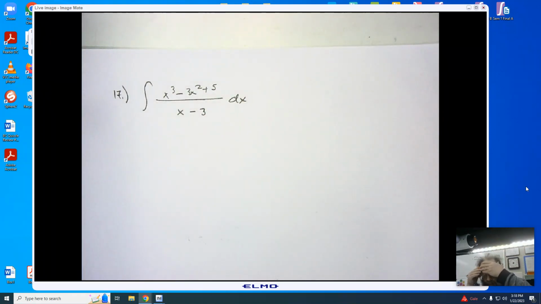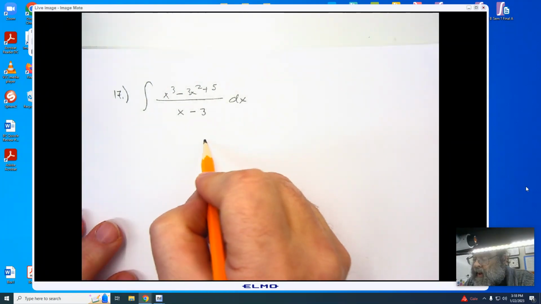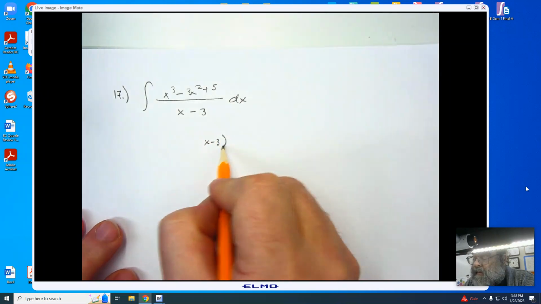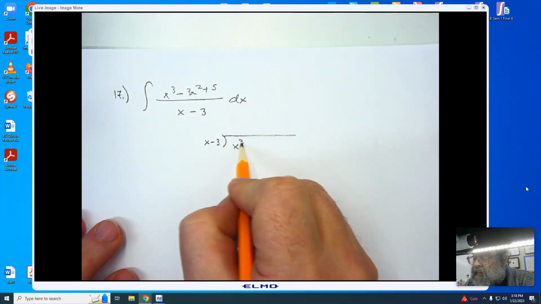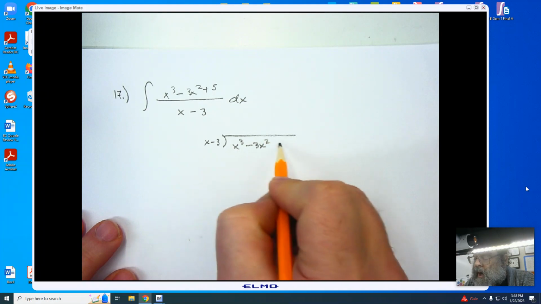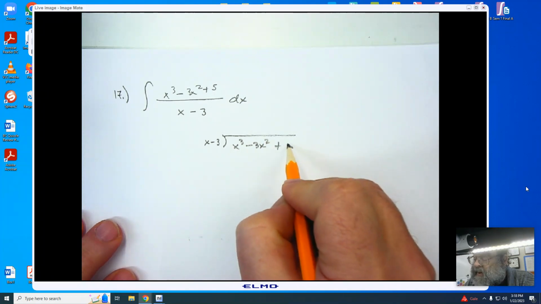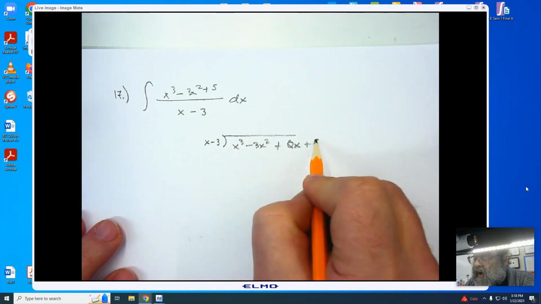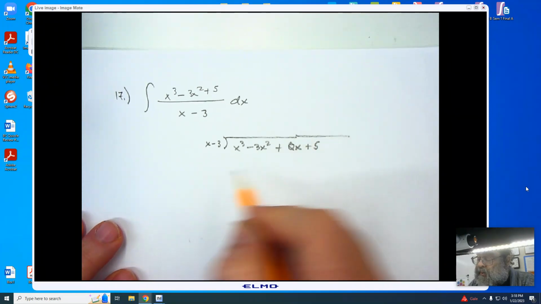Alrighty. Oh boy. Well, I see no other option but for us to do long division here. So that's where we're going to start. We're going to take that x minus 3 and we're going to divide it into x cubed minus 3x squared, and I'm going to put in the placeholder of a 0x plus 5. Shouldn't take us too much.